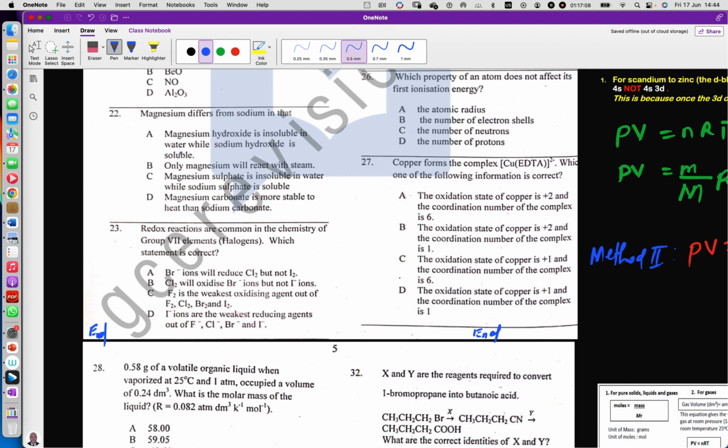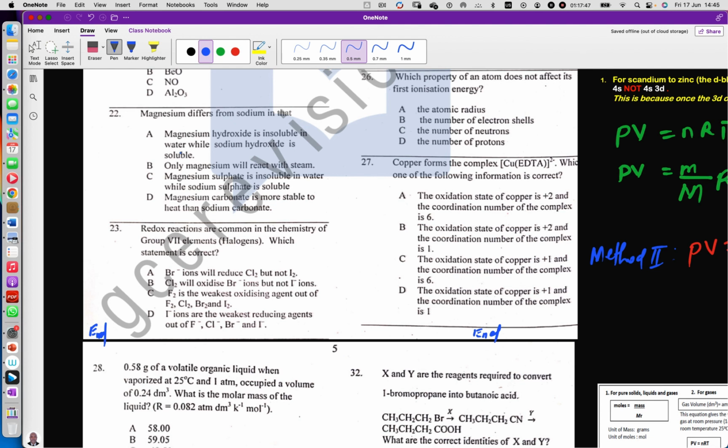Again, halogens down the group will reduce the ones above. For instance, bromine will reduce chlorine, chlorine will reduce fluorine, and iodine will reduce bromine. Let's go to our answer column.